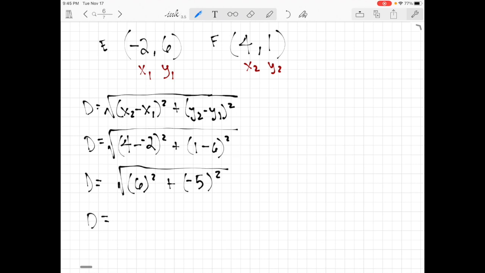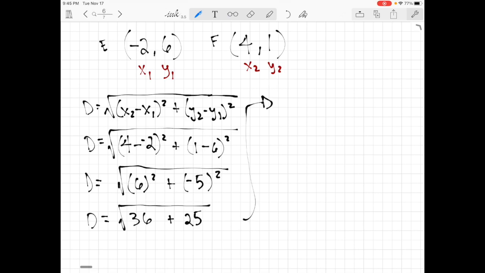So then we have D equals 36. That's 6 to the second power. And -5 to the second power is going to be a positive 25. We're going to add those together. And we're going to get 36 plus 25.